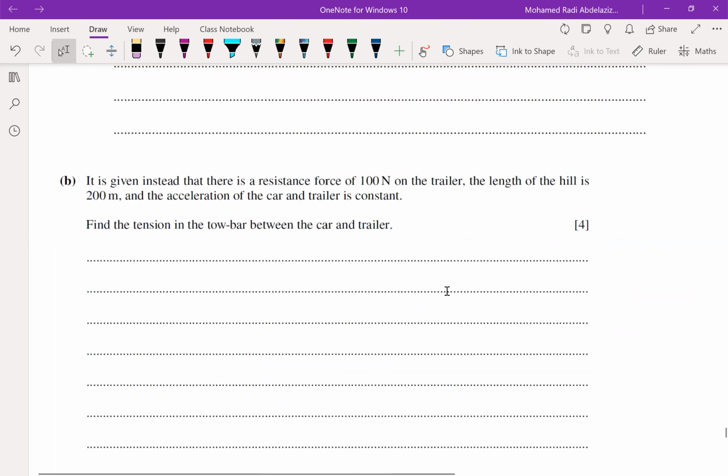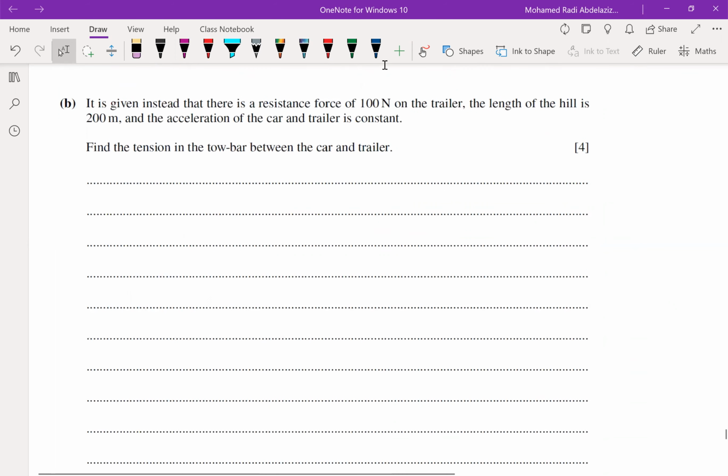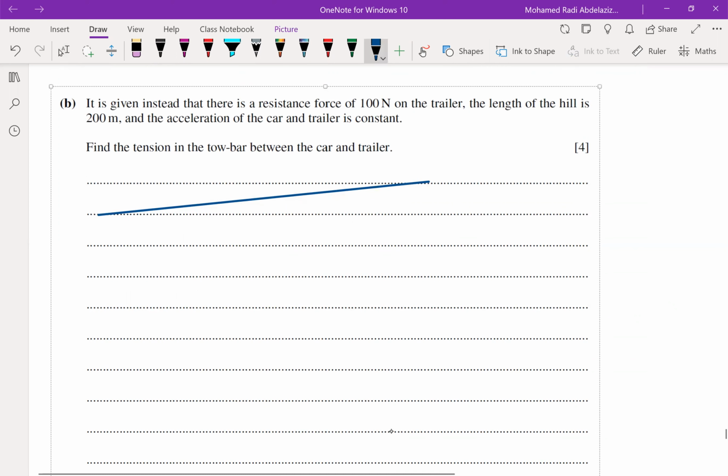Now looking at the second part, it's given that instead of no resistance, now there is a resistance force of 100 on the trailer.